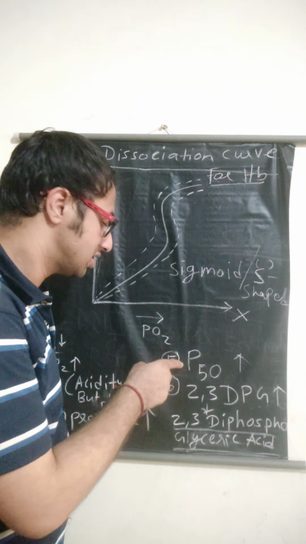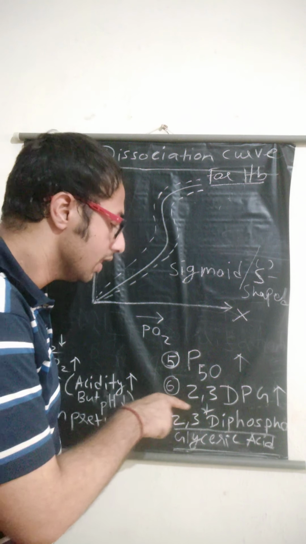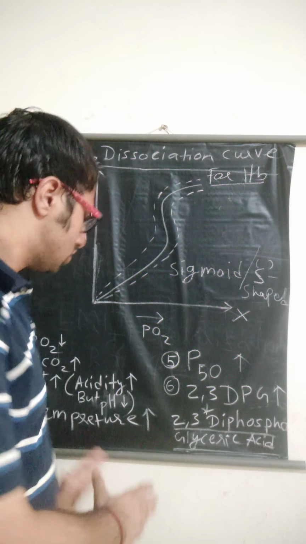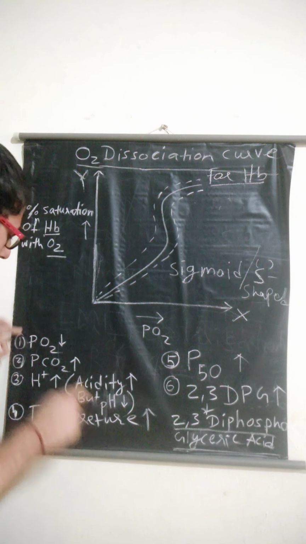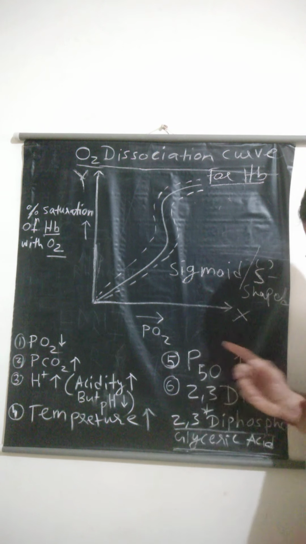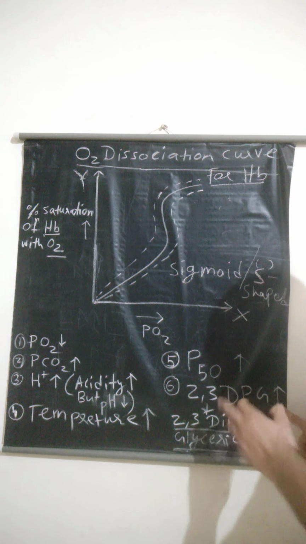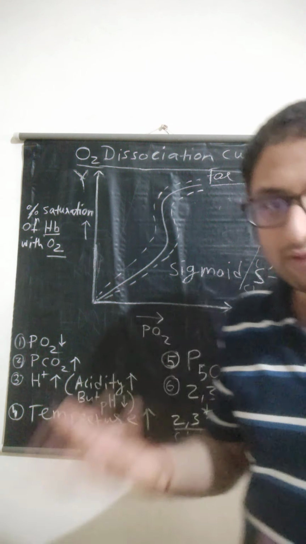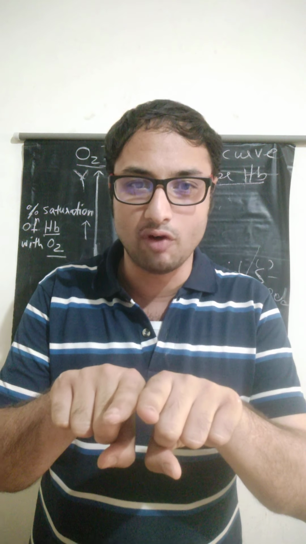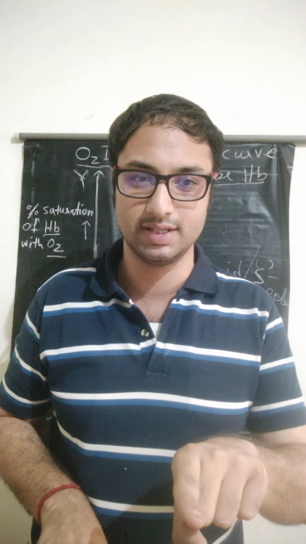And 2,3-DPG is found inside the RBC. If PO2 is less, PCO2 more, H plus ion more, temperature more, P50 more and 2,3-DPG more, then more dissociation of oxygen from hemoglobin takes place.